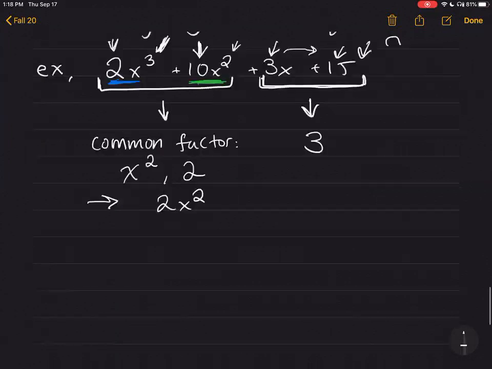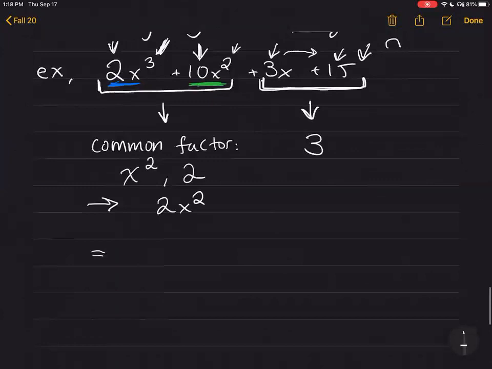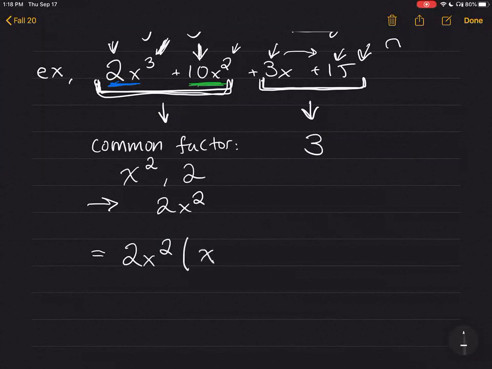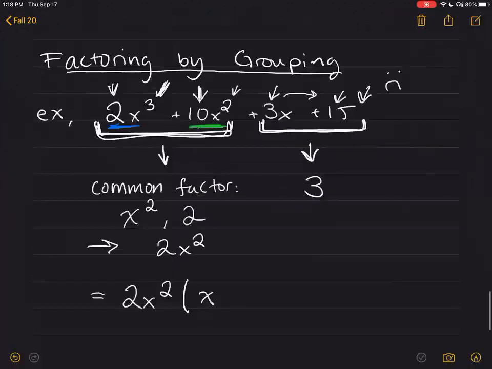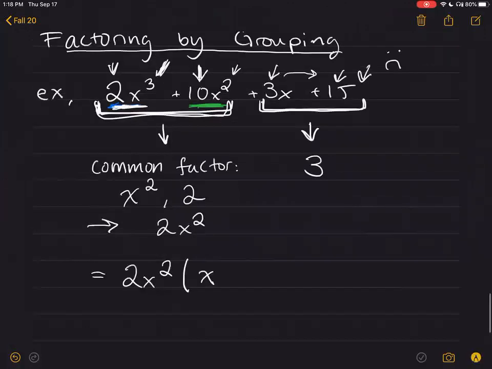And the reason I care about this is because now I can take this first term and write it like this. I can pull out the 2x squared, and I get x, because 2x squared times x is 2x cubed right here. So that works out.